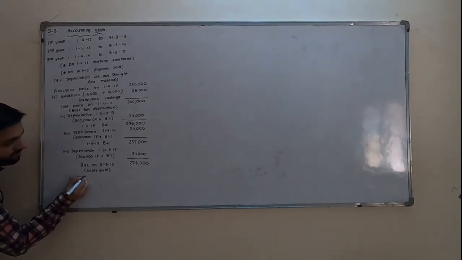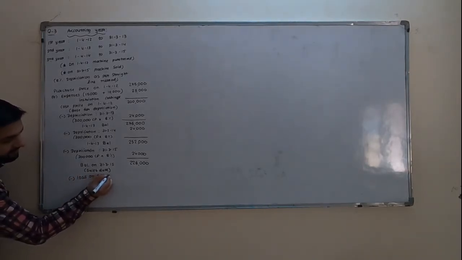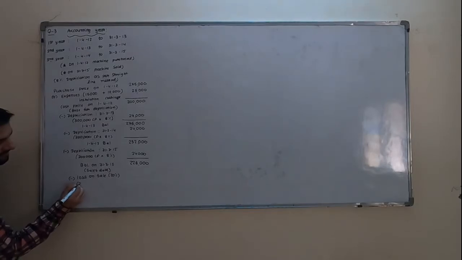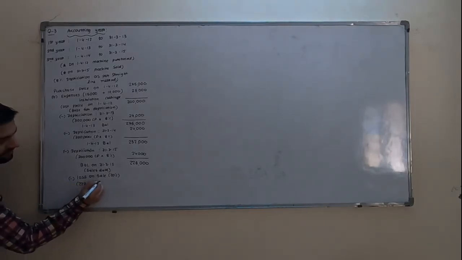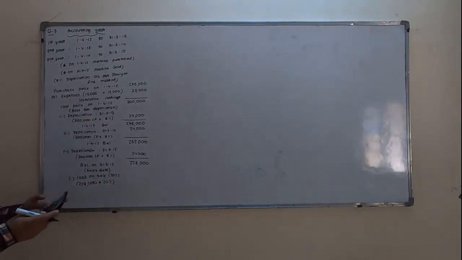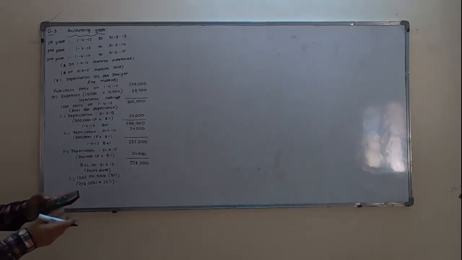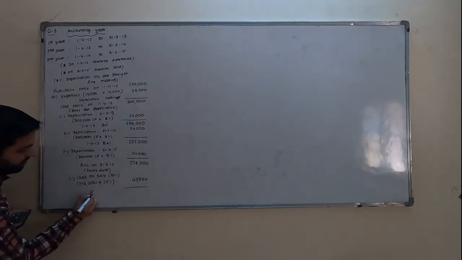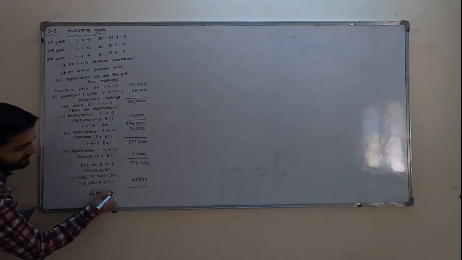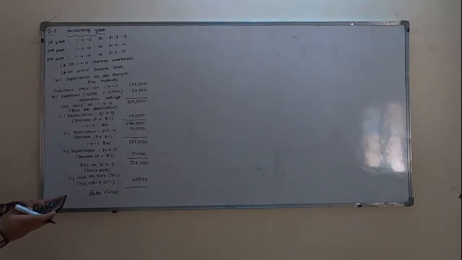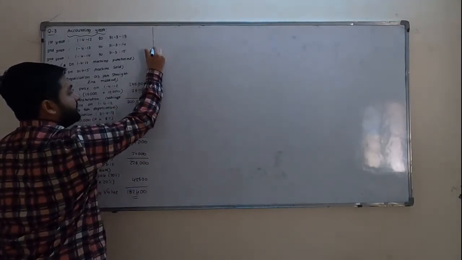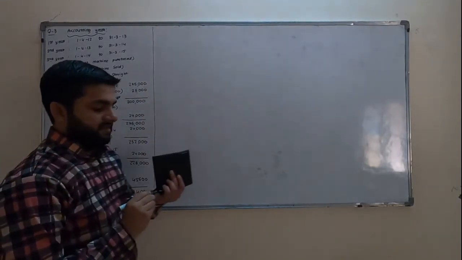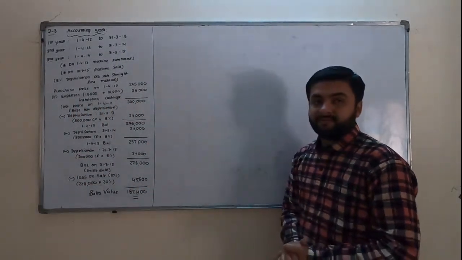So minus loss on sale, in bracket 20%. 20% of what? 2,28,000 into 20% is 45,600, which is our loss. So our sales value, we need sales value: 2,28,000 minus 45,600, 1,82,400. So this working is done, friends, for finding this sales value.